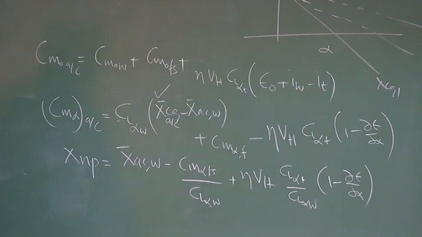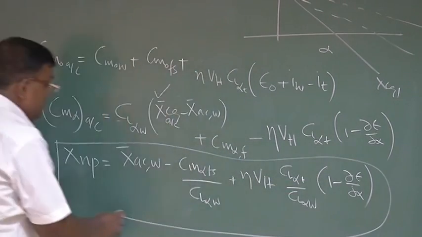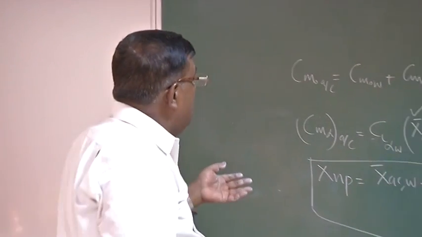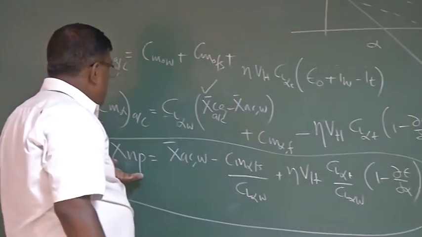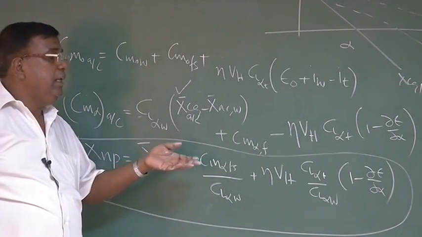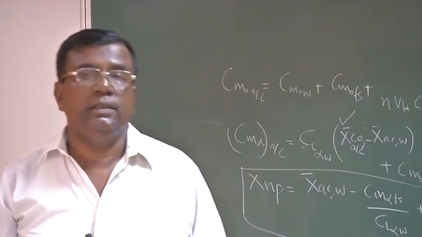You could note very strongly here one point. There is general confusion. Neutral point has nothing to do with the CG location. So this neutral point will depend upon how the wing, tail, fuselage are laid out. It has nothing to do with CG.